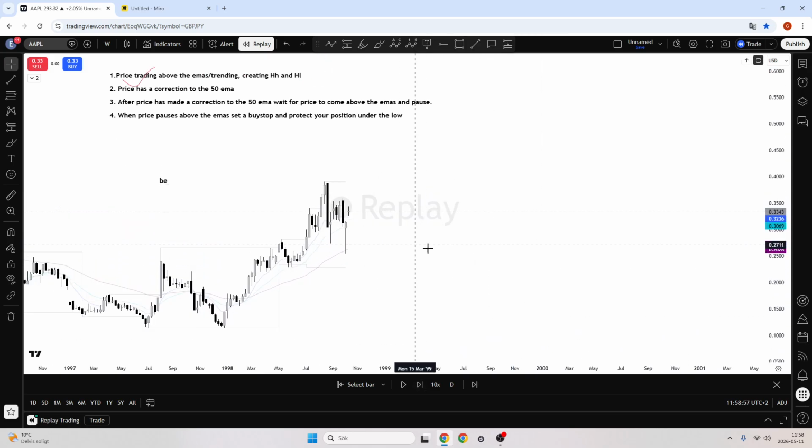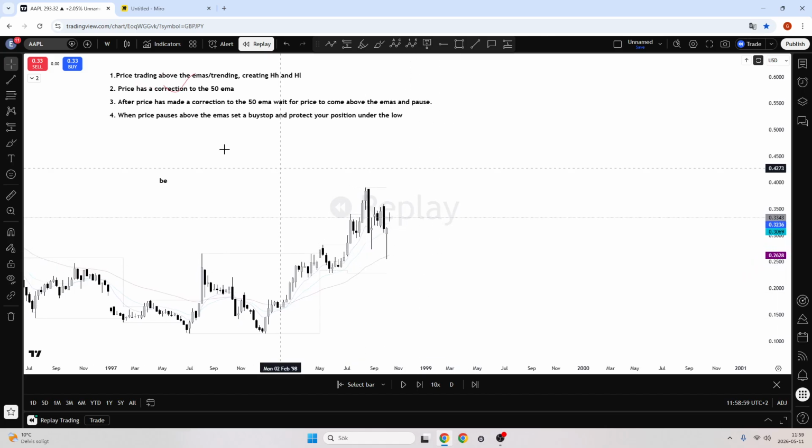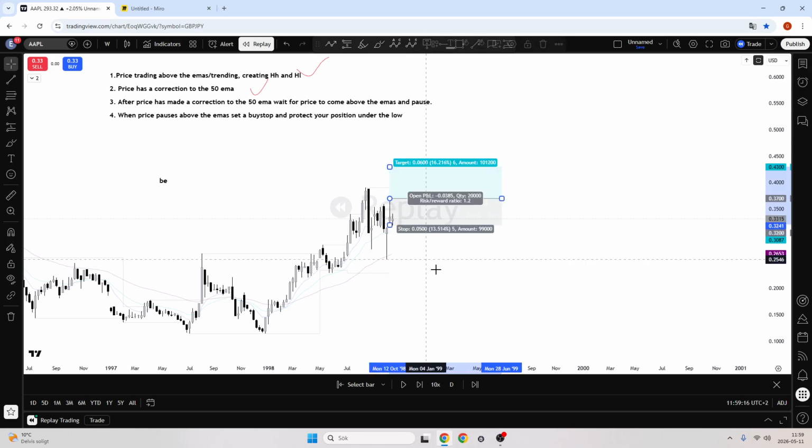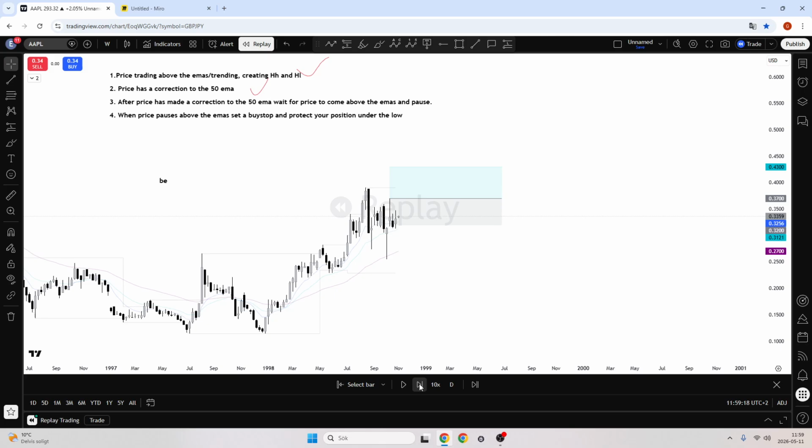So price comes to the 50 MA. Now when this is blocked and this is blocked, after price has made a correction to the 50 MA, wait for price to come above the MAs and pause. So now we're just waiting for a pause. Alright, so we get the pause. So that means that we can throw a buy stop just like that.